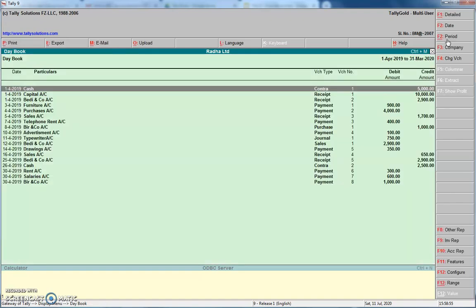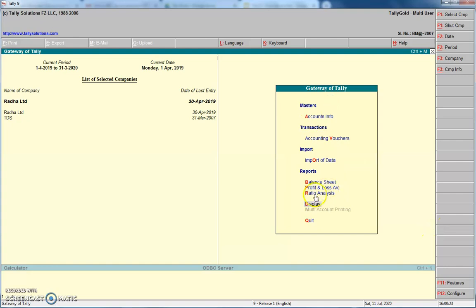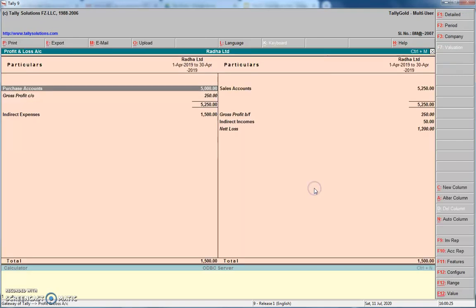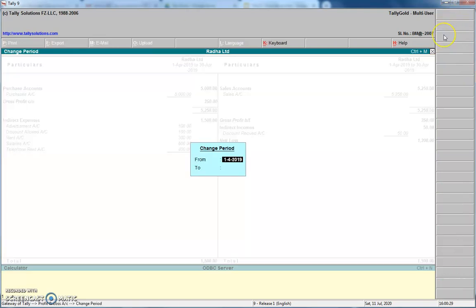These are the various transactions we have entered here. This is the day book display. By pressing the escape button, we can go to the main screen, and we can see the profit and loss account. In detail, we have to change the period.